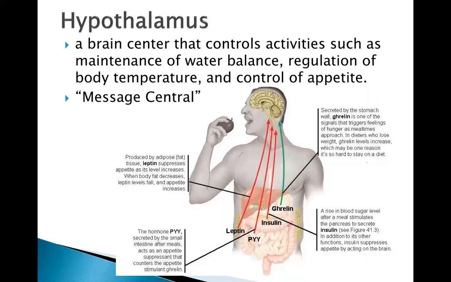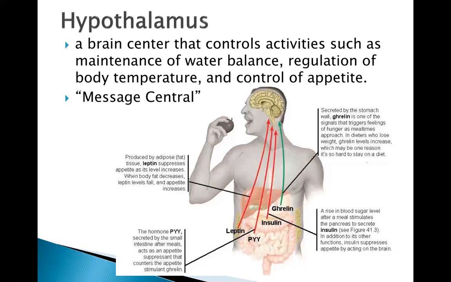The hypothalamus I've already mentioned, but the hypothalamus is the main center in your brain that is involved in hunger regulation. And there are many hormones produced when you eat, as well as when you're hungry, that send signals to the hypothalamus that are translated into chemical messages. So leptin, for example, is considered a hormone that suppresses appetite.